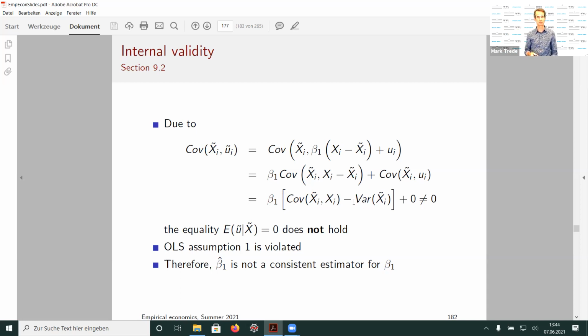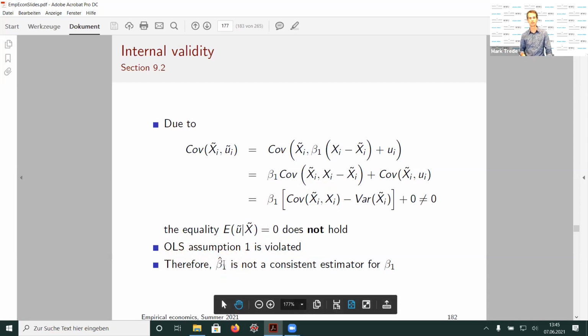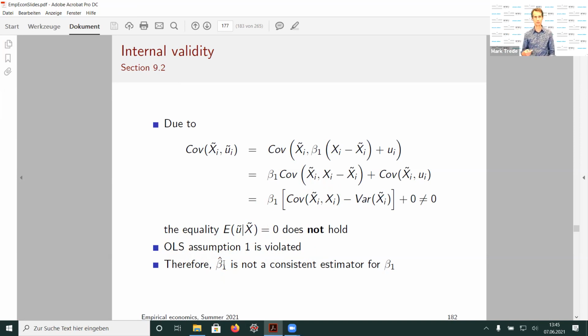So for the estimated model, our assumption number 1 does not hold, even though it does hold for the true model. So for the measured model, the assumption number 1 is violated, and therefore beta 1 is not a consistent estimator. Beta 1 hat is not a consistent estimator for the true slope coefficient beta 1.